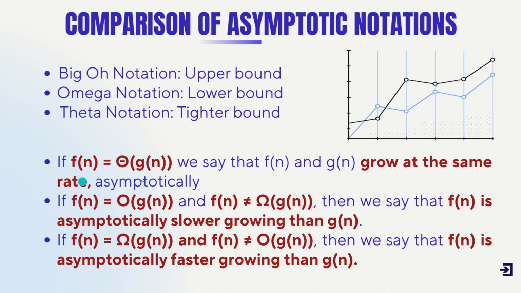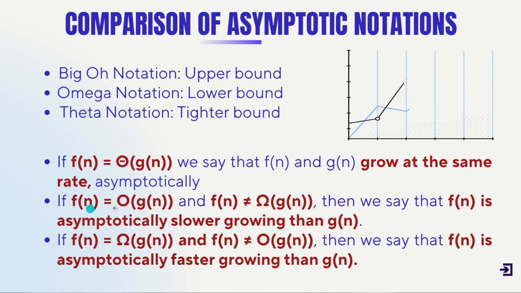And here is the summary which we could make for asymptotic notations. A function f of n is equivalent to theta of g of n when both f of n and g of n grow at the same rate asymptotically. If we are given two functions and if they both grow at the same rate, then we say that f of n is equivalent to theta of g of n.